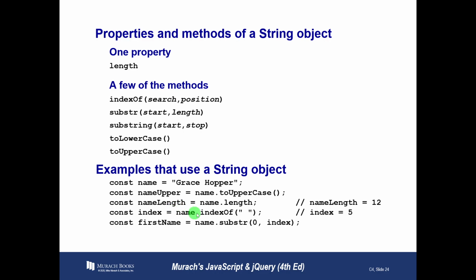I could also do something like indexOf, and in this case, I'm saying, hey, tell me the index of the space in this name. And since each item is numbered 0, 1, 2, 3, 4, 5, this would return the value of 5 because the space is located at the 5th index of that string.